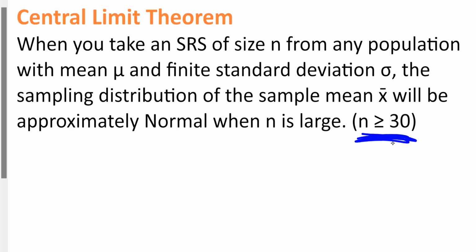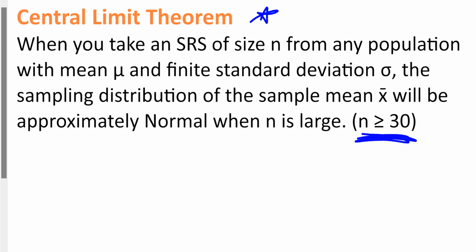That is a cutoff. This is a very important thing in statistics. If we have simple random samples of size 30 or more, we can assume it will become approximately normal. It might be approximately normal when it's less than that, but if it's at least 30, it's going to be approximately normal. That's what the central limit theorem is telling us.